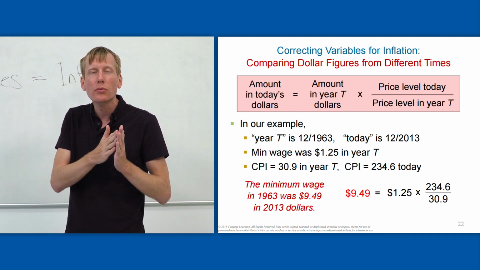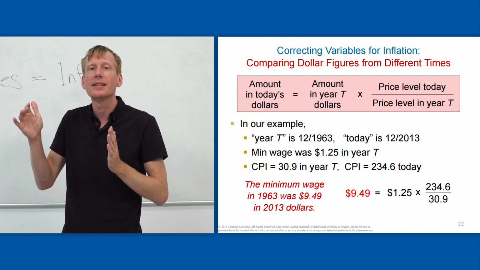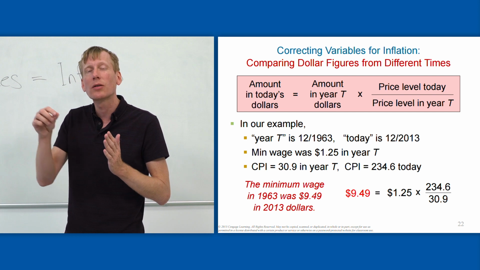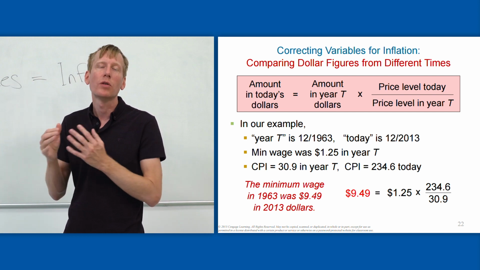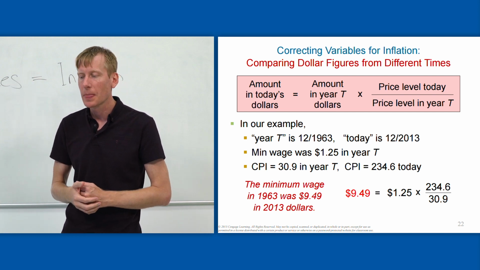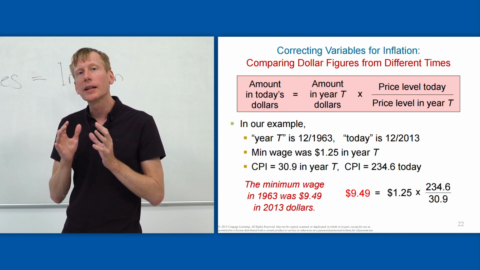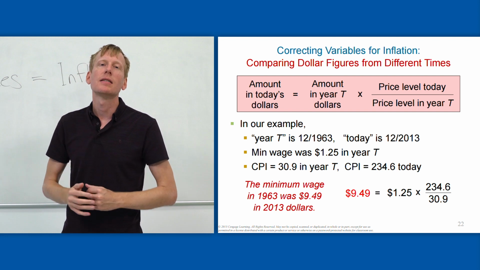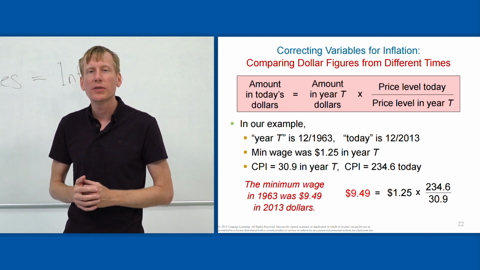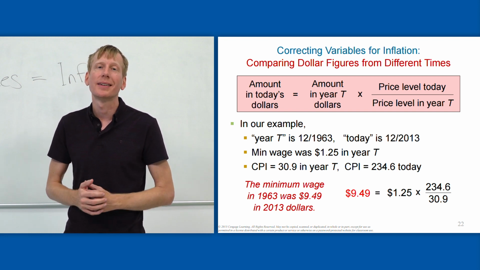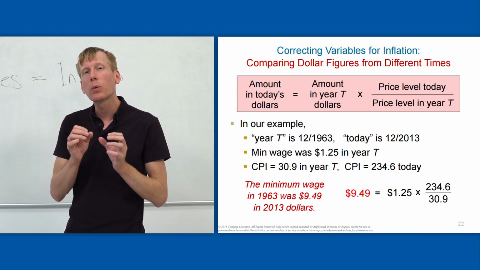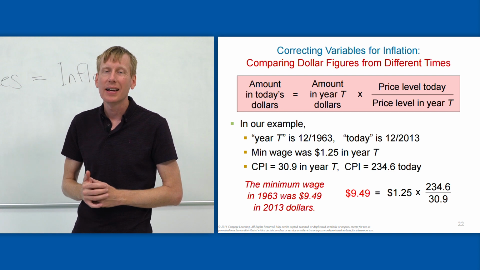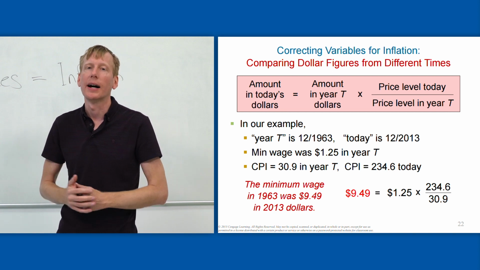So prices rose over time from 1963, and the CPI rose over time from 30.9 to 100, which it would have been in the base year. Now, then we would calculate the real value of that 1963 minimum wage of 1.25 in 2013 dollars as 1.25 times 234.6 divided by 30.9.